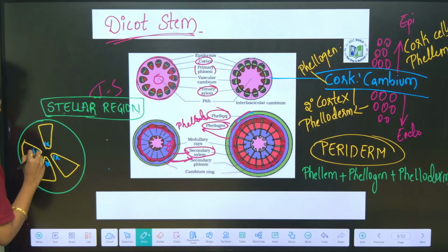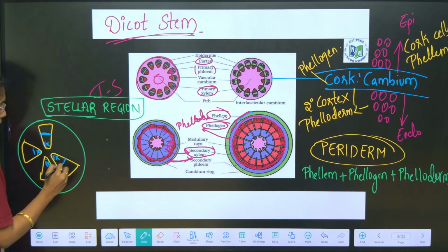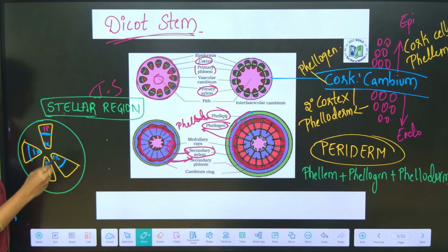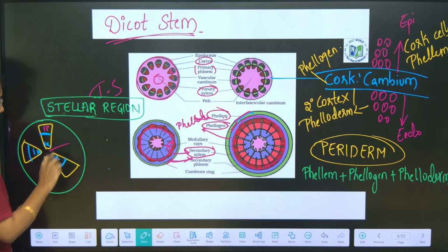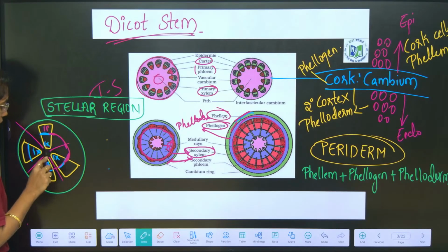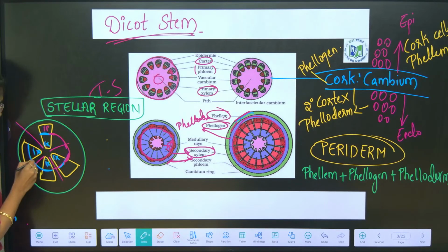Towards the peripheral end phloem is present, right? Now this meristematic layer, intrafascicular cambium, and from the pith we know the pith rays will be formed. Those are medullary rays, right? So adjoining to the medullary rays and adjoining to intrafascicular cambium, interfascicular cambium is built like this.